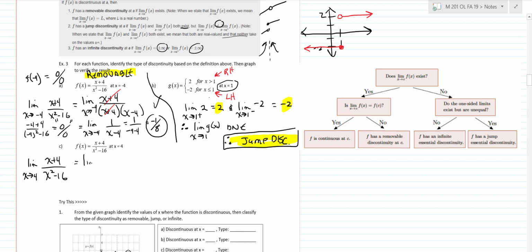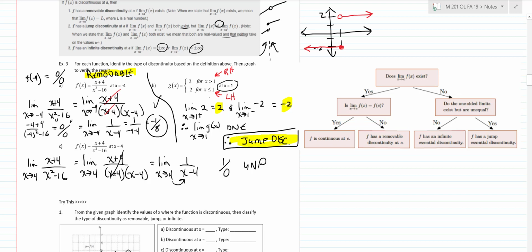So we have the limit as x goes to 4 of x plus 4 over x plus 4 times x minus 4. That is the difference of two squares. What's going to happen here is that's going to cancel out. So now we're going to do the limit as x goes to 4 of 1 over x minus 4. Well, we got a problem here. If you plug that in, you get 1 over 0, so it's undefined.